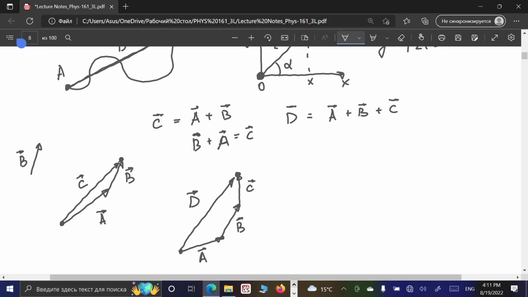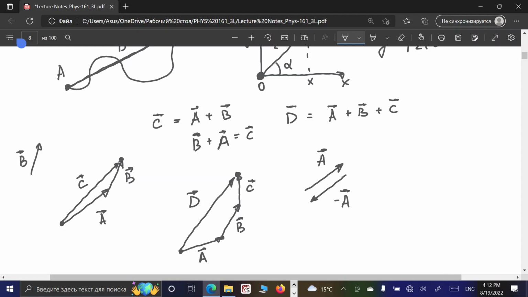Now let us consider how we subtract vectors. In order to subtract vectors, there is such a term as negative vector. Imagine that we have again some vector a, and we create a new vector which is the same in magnitude. We don't change the magnitude, we only change the orientation to the opposite. So it's just in the opposite direction, and we can call this vector minus a vector.